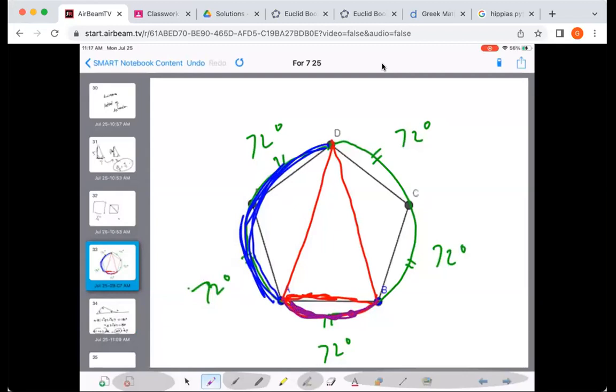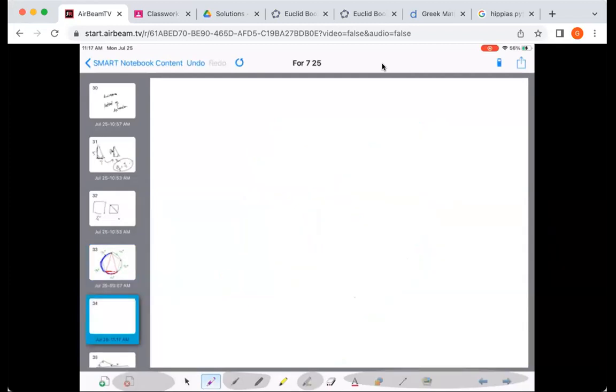And there's a rule in geometry. It's also true of the other arc, isn't it?